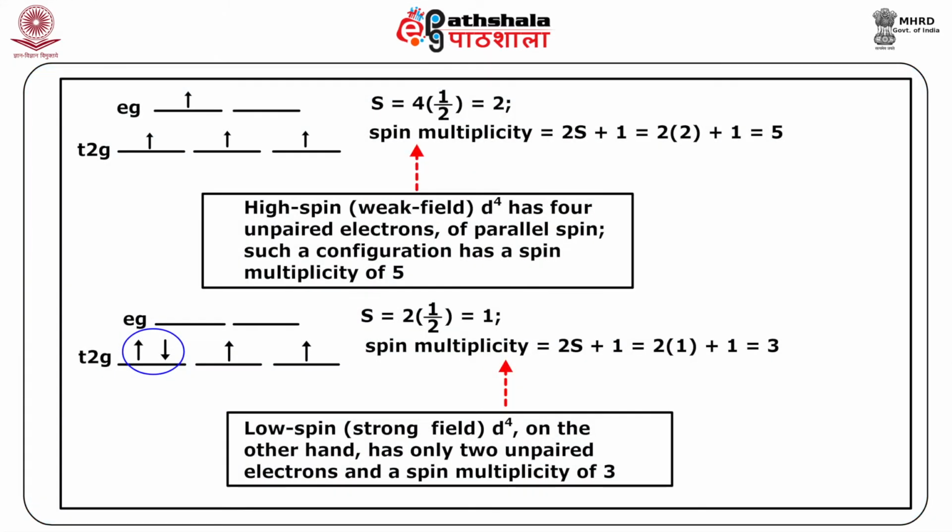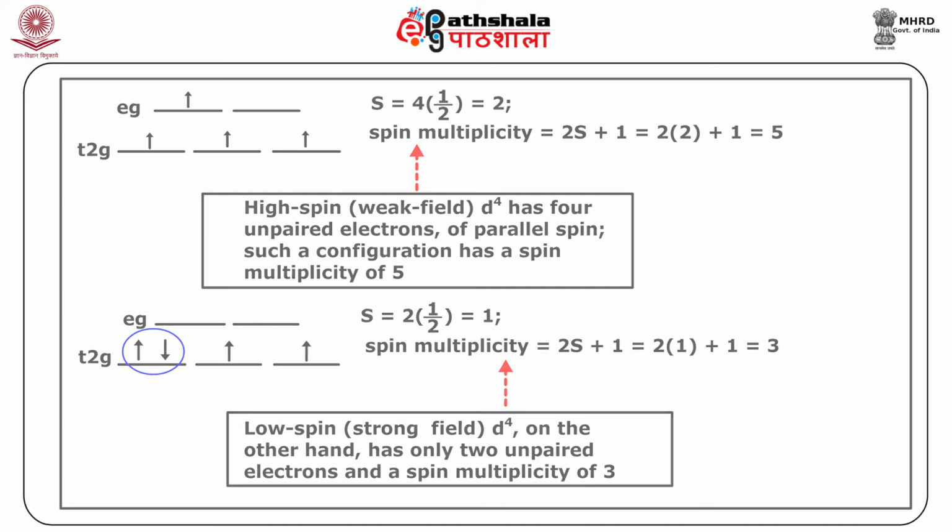Both the cases are represented in the figure. The high spin weak field d4 configuration has 4 unpaired electrons of parallel spin. In this case, the spin multiplicity comes out to be 5. In the other case, the low spin strong field d4 configuration leads to 2 unpaired electrons with a spin multiplicity of 3.